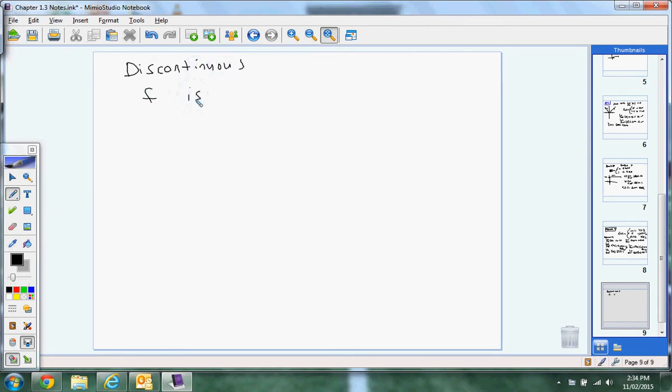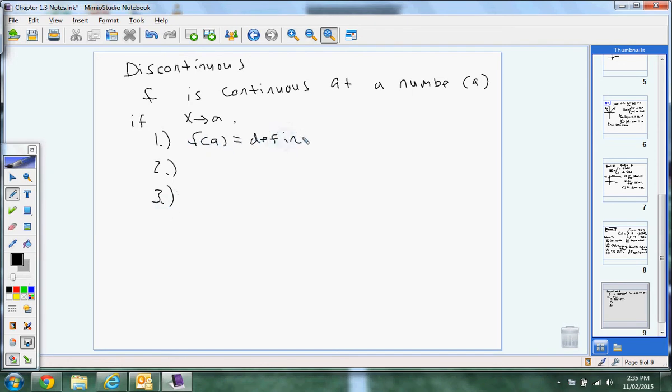F is continuous at a number A if x can go to A, like if you could put in that limit. 3 things are required for this to be true. These are the 3 things we look for in continuity. We already know 2 of them. The first one, f of A is defined. That means that when I plug in what I'm taking a limit of, it's defined.